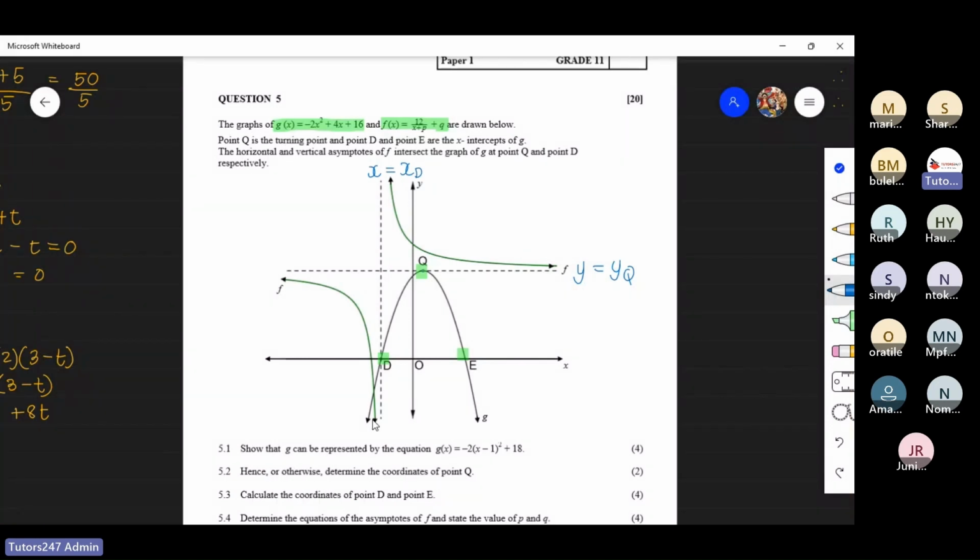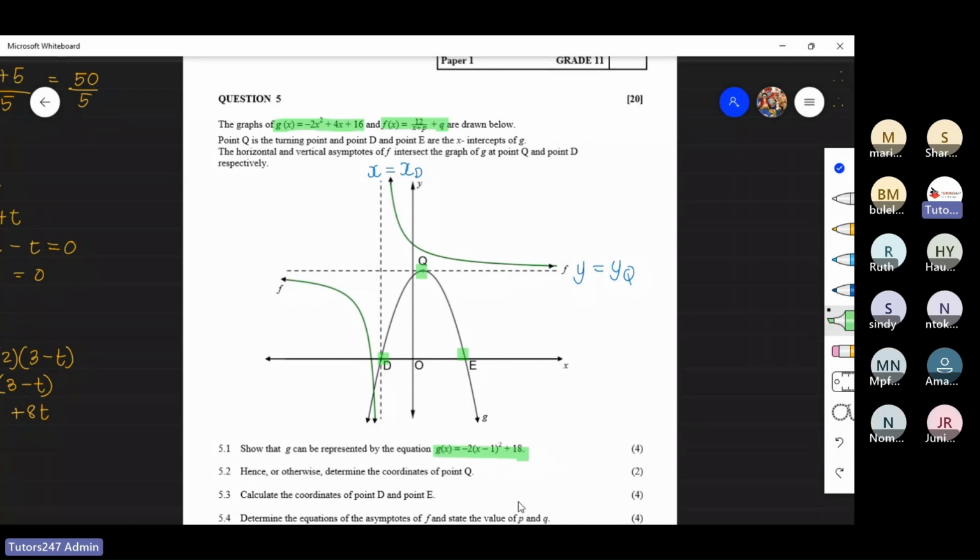Okay. Now we've got question 5.1. Show that g can be represented by the equation g of x is equal to -2 into x minus 1 all squared plus q. Keep in mind that g represented our parabolic function.